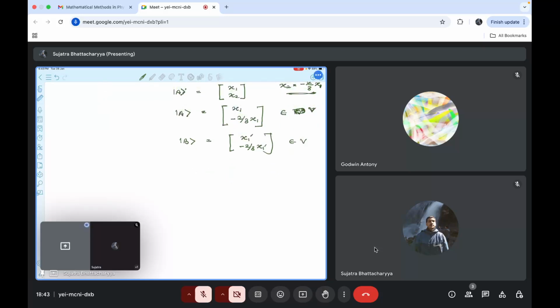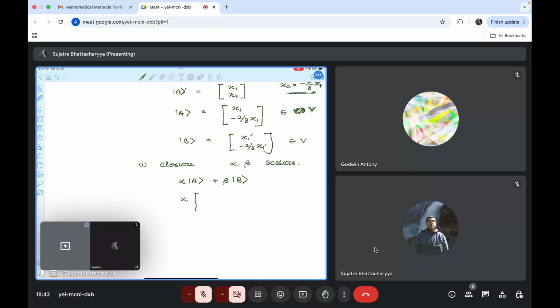Fine. Now, let us see the closure property, which includes both addition and multiplication. So alpha and beta are scalars. So you have alpha A plus beta times B. All right. So let's do it. What will it be?